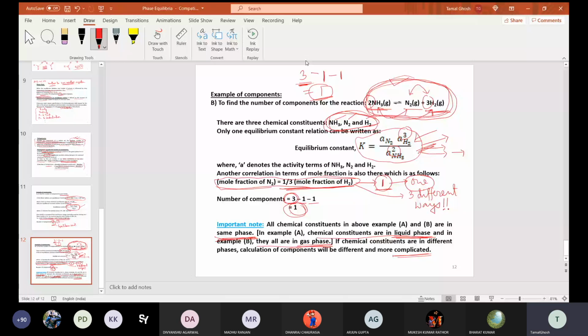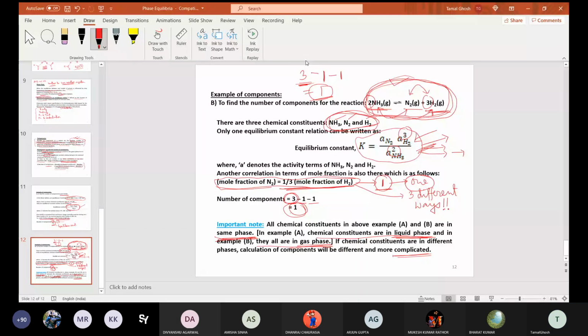Sir, do we always consider mole fraction only as the constraint or the correlation? What other correlations can be there? You can take mole fraction or concentration, whichever you find proper yourself. Here we have used a chemical reaction that is happening, so we have a well-defined stoichiometry, and as per that stoichiometry, we are writing this concentration or mole fraction relation.